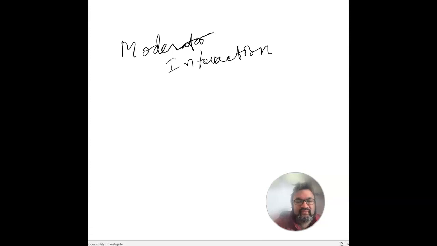Let's start with moderator. For the moderator, you're thinking about an interaction term. So you have beta naught, plus beta 1 x1. I know that for some of you, when you see x's, this becomes complicated.